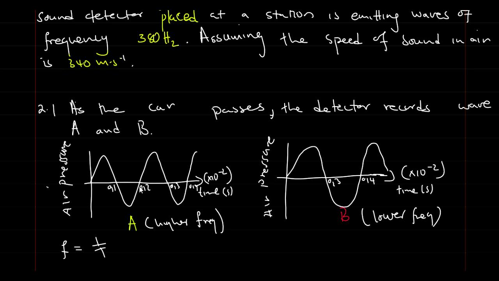Here our period is 0.2, and in this graph our period is 0.4. So the period on graph B is double the period of graph A. Graph B has a longer period, and graph A has a shorter period.